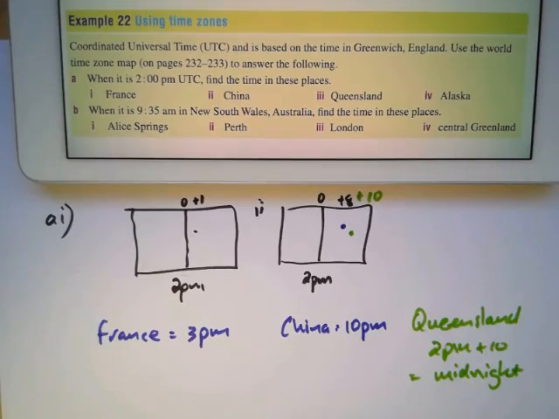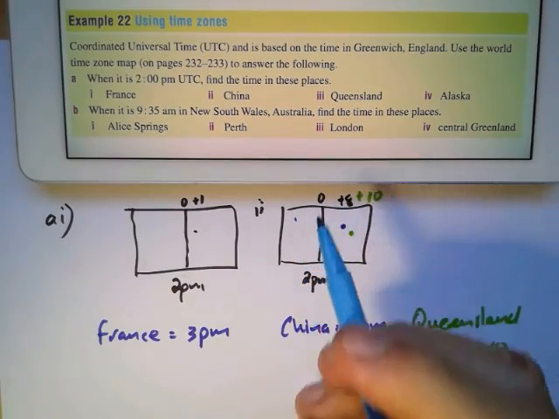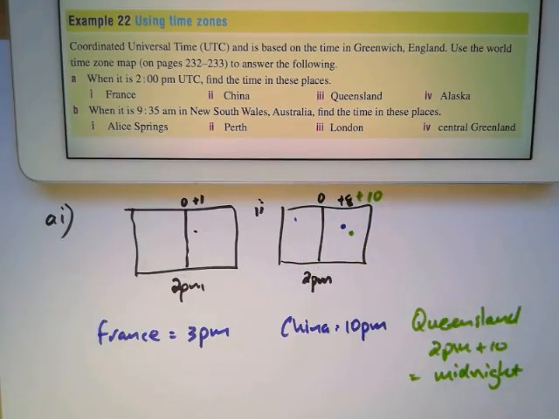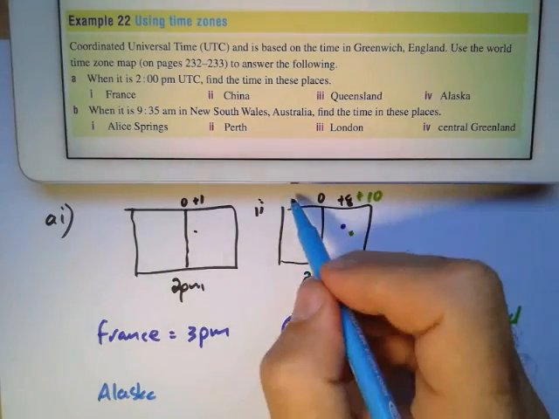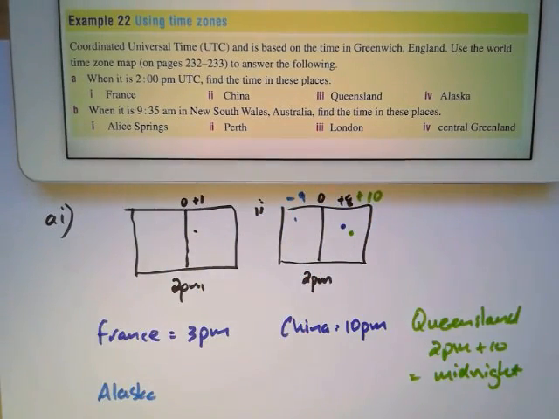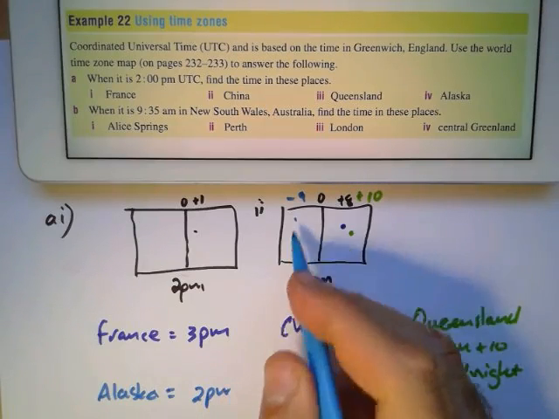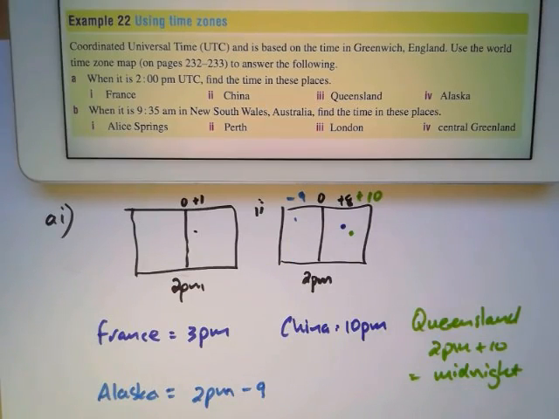Alaska is over here, and if we look at the map, Alaska falls at -9 hours. So Alaska is here at -9, which means if it's 2 p.m. there, Alaska will be 2 p.m. and it's negative, so take away 9 hours.